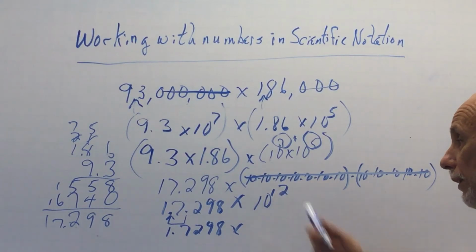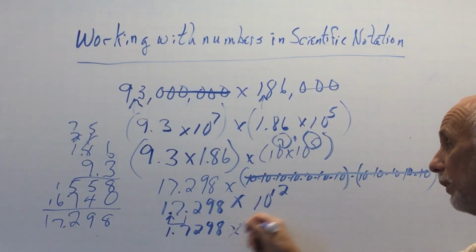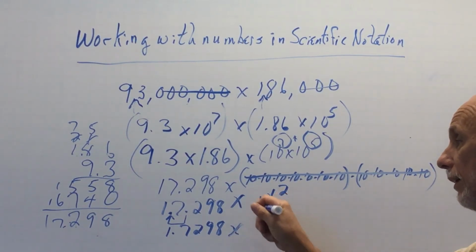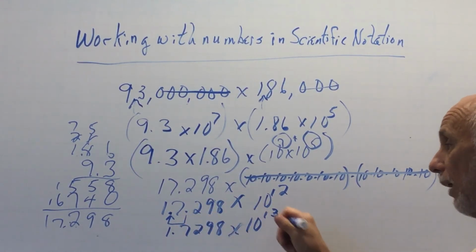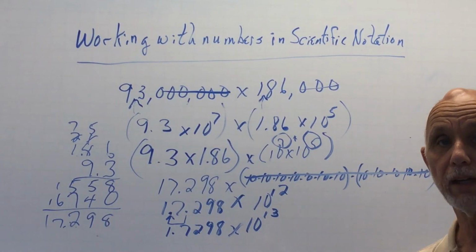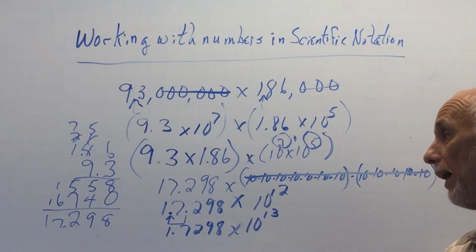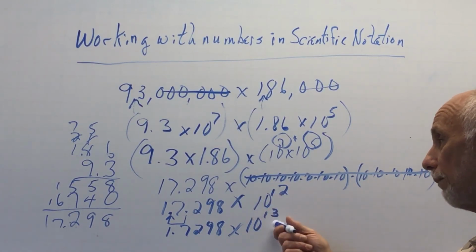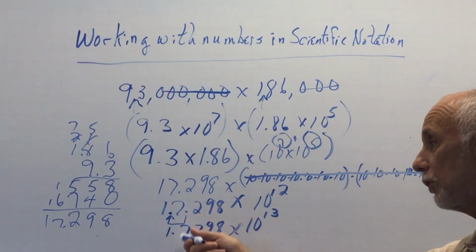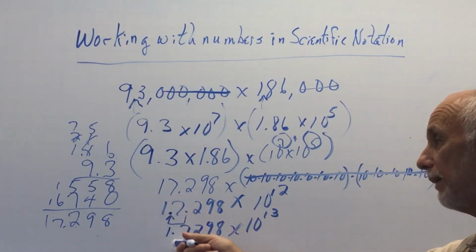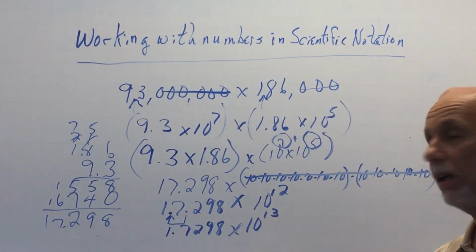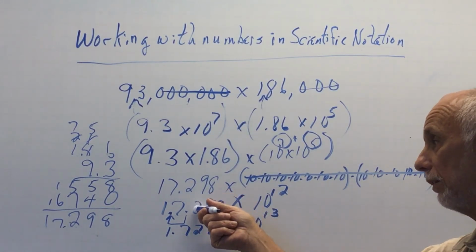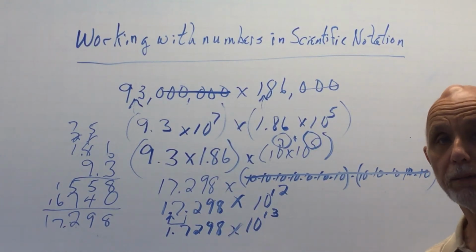So since this was 10 to the 12th power, which meant move 12 places to the right, since I have to move one extra place here, I've got to multiply by 10 to the 13th power and move 13 places to the right. By the way, an easy way to remember to make the exponent larger is if you made this smaller, and 17 became 1, so I did make this smaller, then you make the exponent larger. By the way, if you make this larger, then you make the exponent smaller.